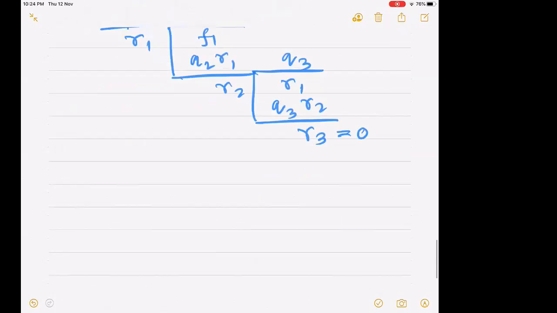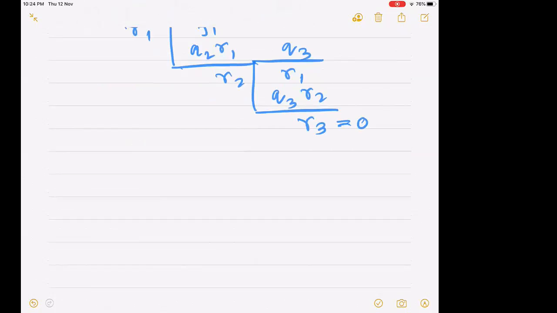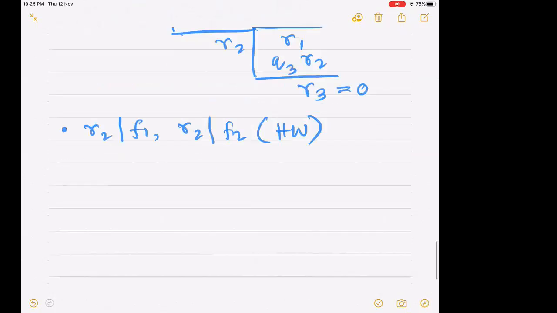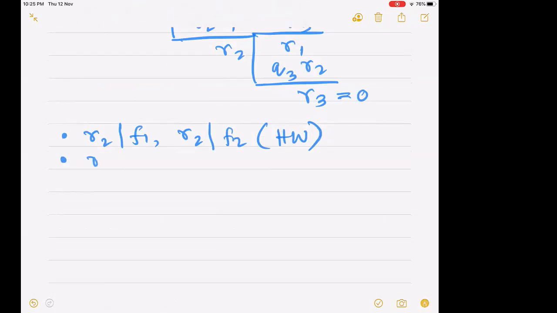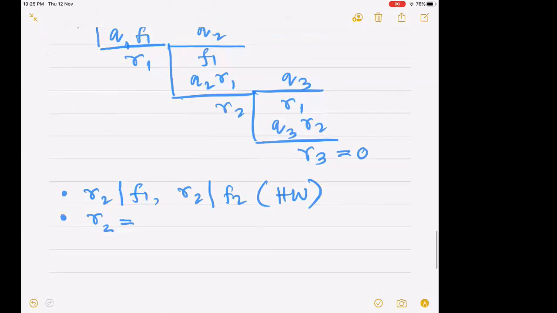The next step, the next case. So if R3 is equal to 0, then once again, just working our way backwards, we'll be able to show first thing that R2 would divide both F1 and F2. So this goes to you as a homework. Show that this is true. What more would be true is the following. So first we notice that R2, how do we get R2? R2 is nothing but F1 minus Q2 times R1.